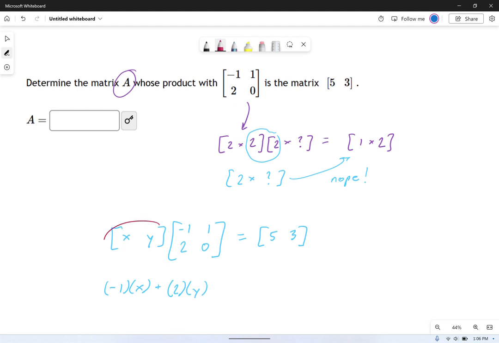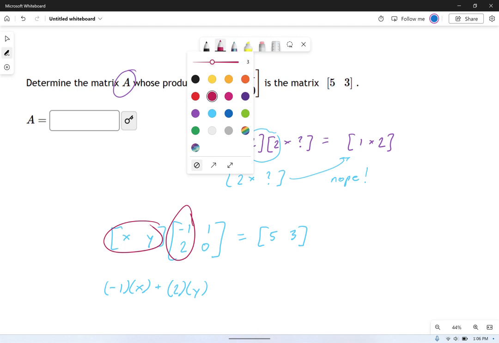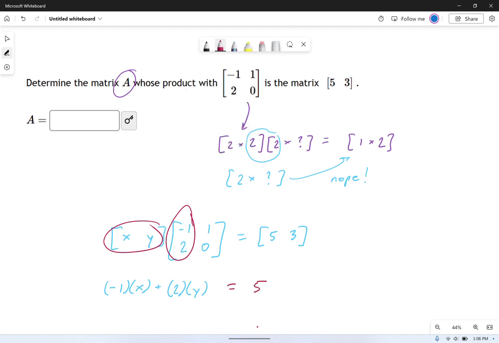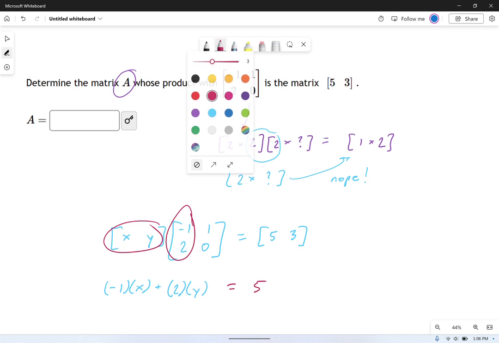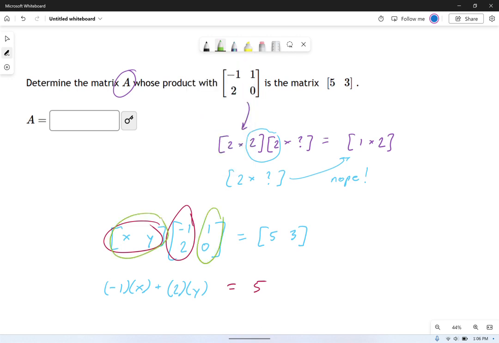This row by this column, and that is the first element of the matrix as the answer. So that equals 5. Now, I'm running out of time here, so I'm going to be quick. The next multiplication is going to be this row times this column. And I get 1 times x plus 0 times y equals 3.